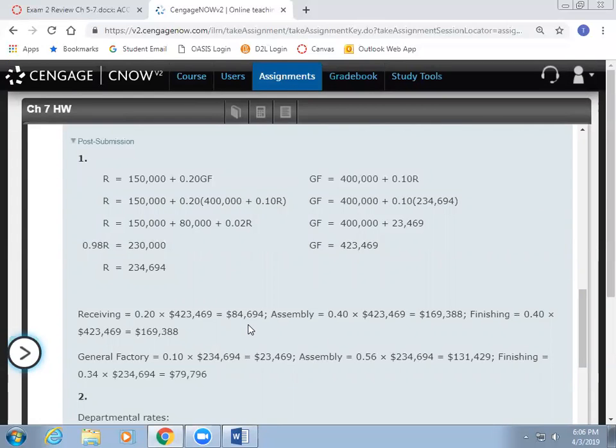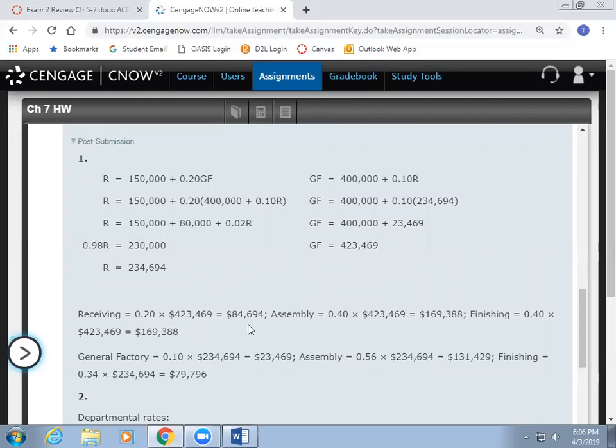I just got a bunch of question marks. I got lost somewhere along the way. So you had all of your allocations and your direct costs. Okay, so that's when you have to write those cost formulas. You would establish 2 cost functions, and then you put this one into that equation.